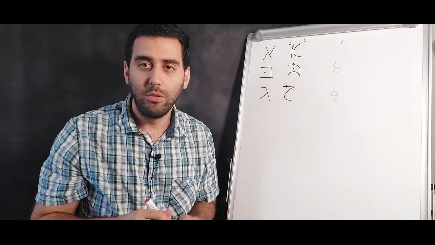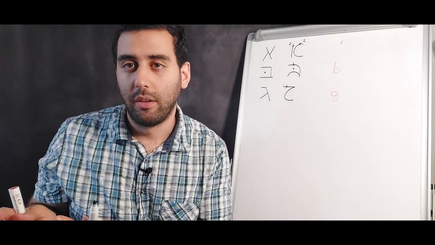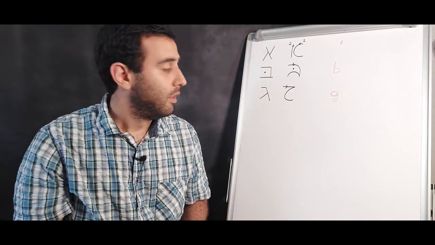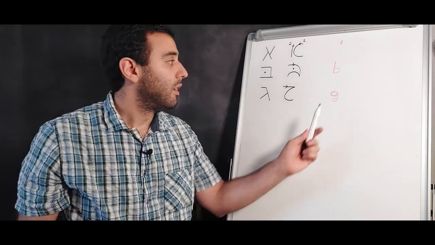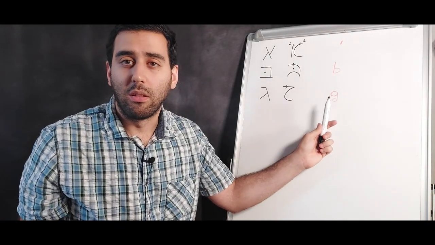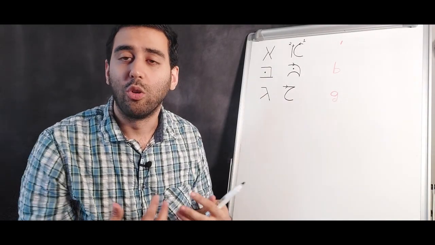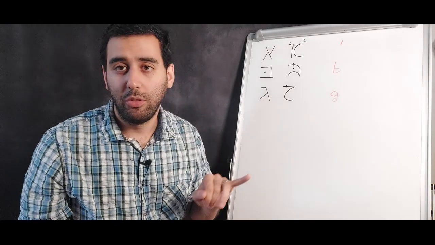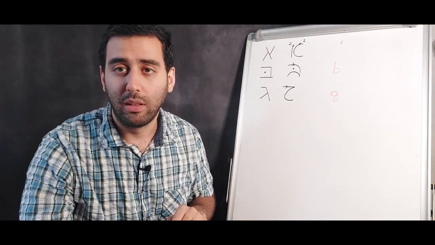So please don't confuse this with J, okay? For example, when you say "gender," this is not J, it's G. It has to be pronounced like G, like in "going" or "go," okay? Gimel.